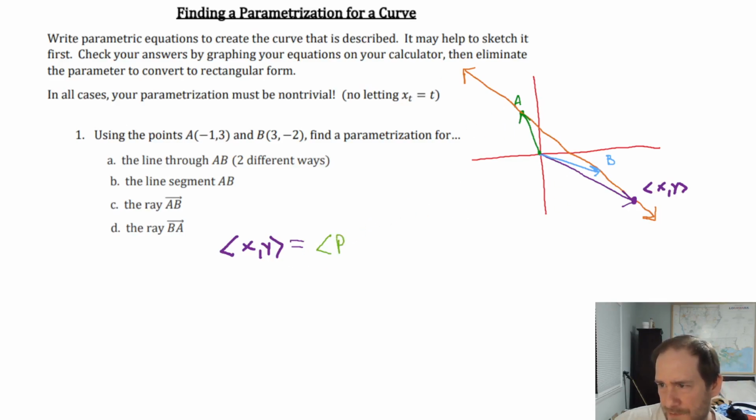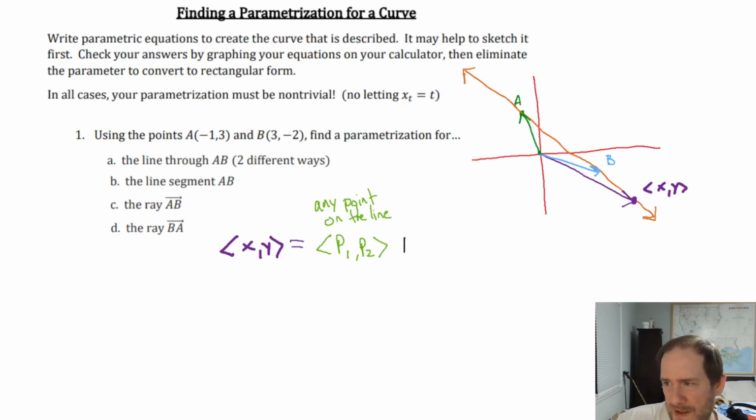So I'm going to call that some point P1, P2, and I'm going to mark down that that can literally be any point on the line. It makes sense to choose A, it makes sense to choose B, but if somehow you could figure out the coordinates of some third point on this line, that would be fine too, it doesn't matter.